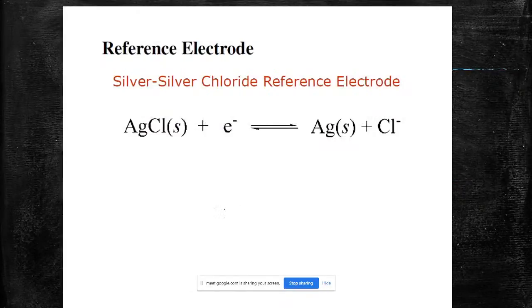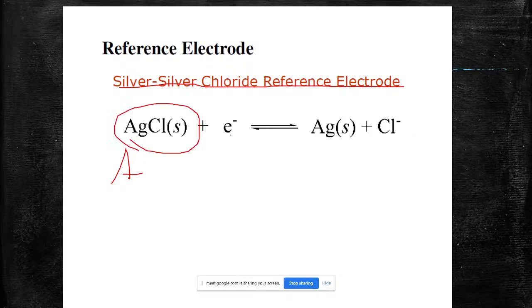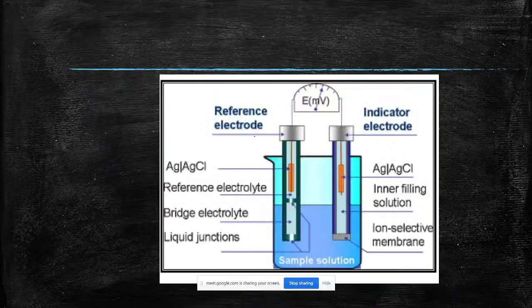Most of the time we will be using a silver chloride reference electrode. When silver chloride is dissolved in water, it undergoes ionization and forms silver and chloride ions, silver as the cation and chloride as the anion.